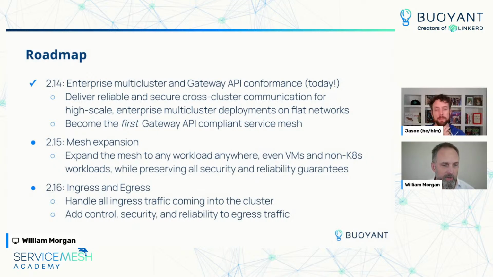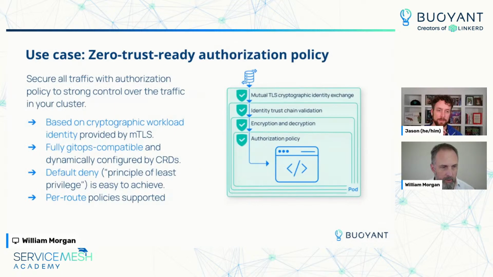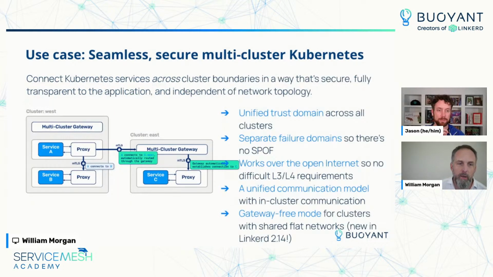That's good for us. William, before you go too far, can you explain what that flat network multi-cluster gets us? Yeah. Historically, the way we started out with cross-cluster communication was we have a multi-cluster gateway that we install in the destination cluster.